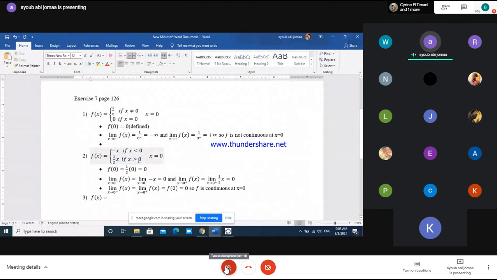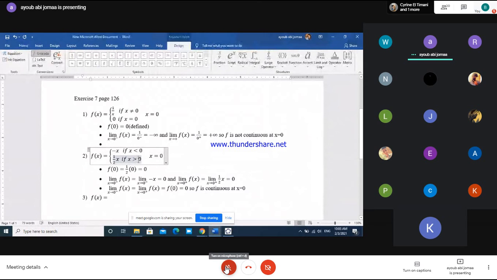What is f of 0? Do you replace x by 0 in the first one? No, because here x is strictly less than 0. Do you replace in the second one? No, because here x is strictly greater than 0. In this case the function is not defined at 0. So not defined, so not continuous at 0. We're done.